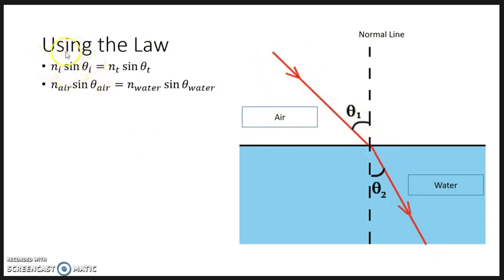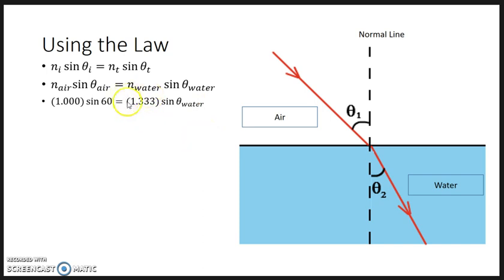So everything that is incidence is air, everything that is transmitted is water. Now that we have those in, we can throw in our values. So we have 1.000 times sine of 60 equals 1.333 times sine of the angle that will exit into the water. That is our unknown. That is the thing that we're trying to solve for.